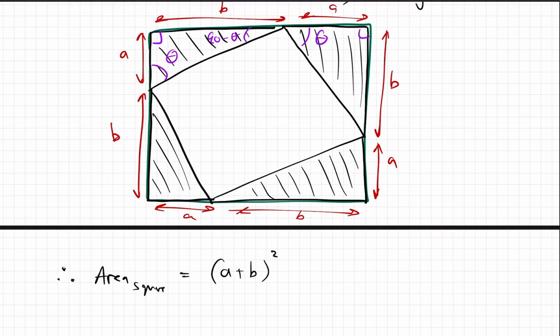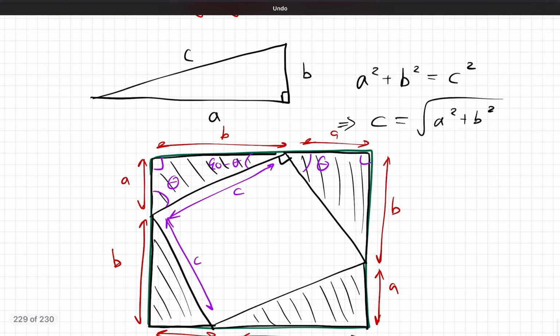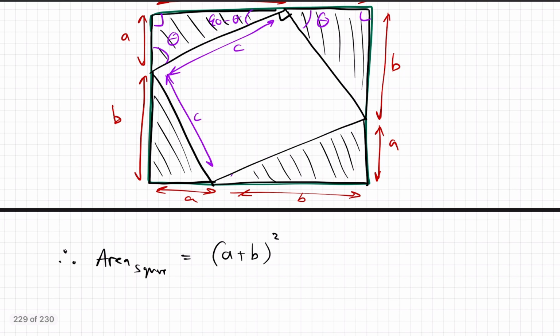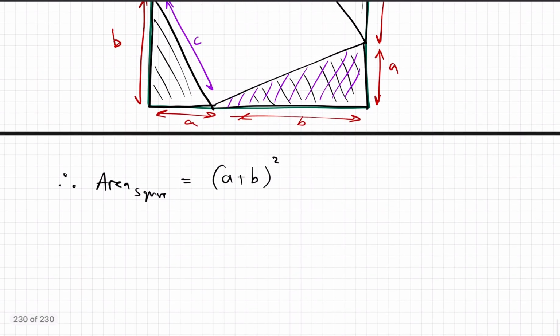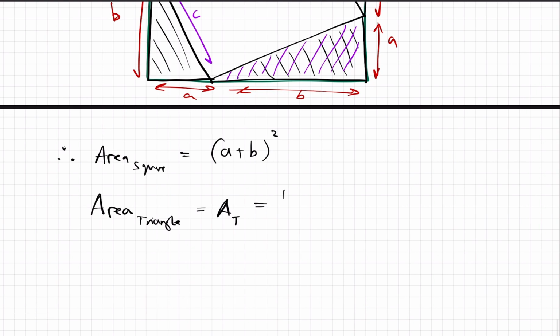But then what we can use from that information is the fact that the inside has also formed another square of side lengths C, because this side length is really just a side of this triangle, C. And we can also count up the area of these four individual triangles. The area of one triangle, I'll just say this is AT, and we know the area of a triangle is just half base times height.